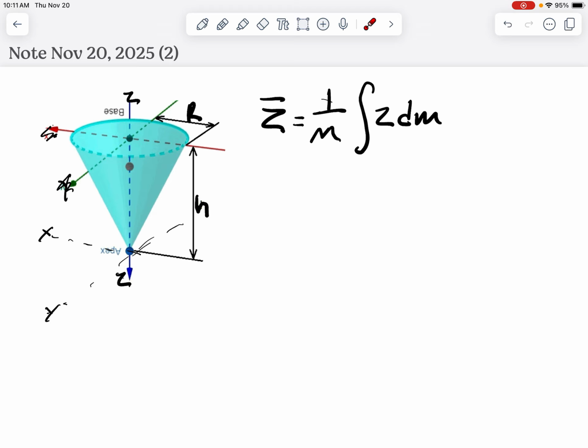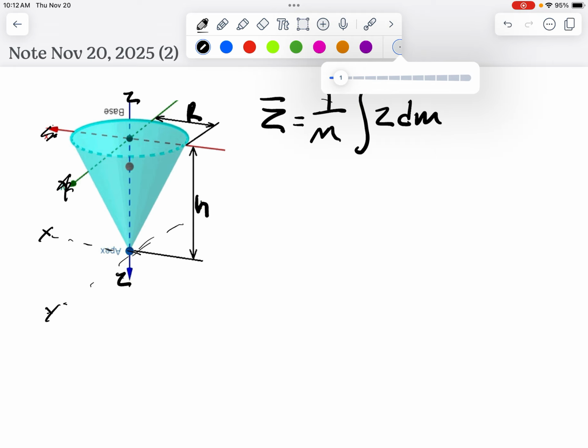So we've got to break this up into little dm's, but since we're adding up the Z's, we want to get this dm in terms of dz so that we can add up over the Z's. Here's what we do to do that. We're going to slice this cone into little slices that have a height of dz.